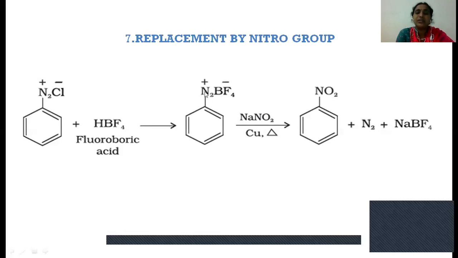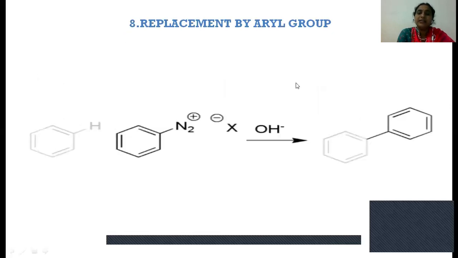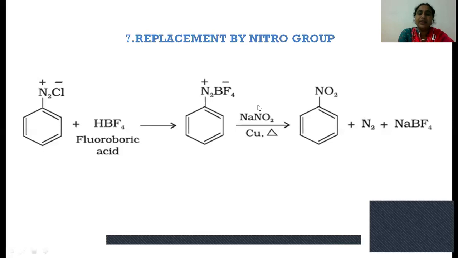Here also nitrogen is eliminated by taking its bonding electrons, as nitrogen gas, and taking sodium, it is eliminated as sodium tetrafluoroborate. Finally, this nitro group will be substituted here. This is also a nucleophilic substitution reaction like the SN2 type reaction.